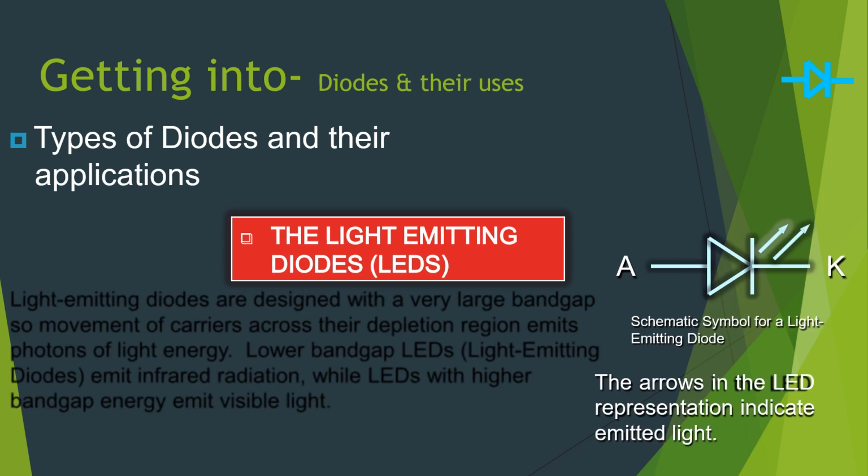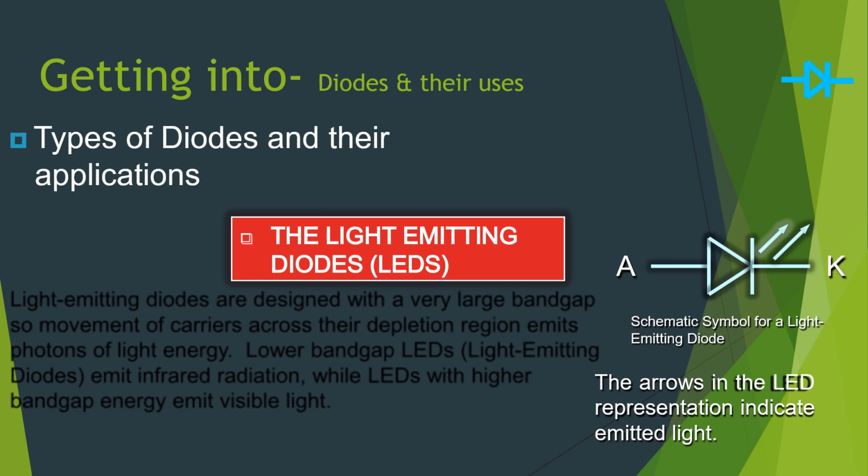Moving to the next, the light emitting diodes, which are also known as LEDs. Light emitting diodes are designed with a very large band gap, so movement of carriers across their depletion region emits photons of light energy.